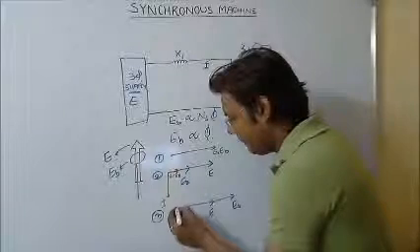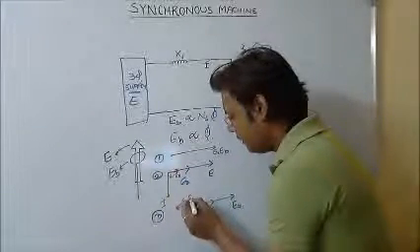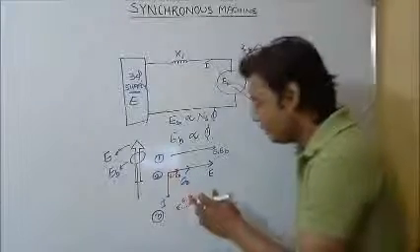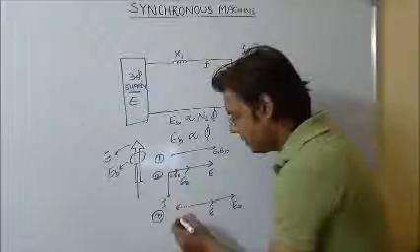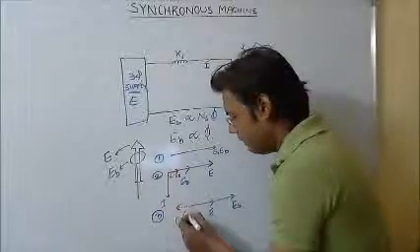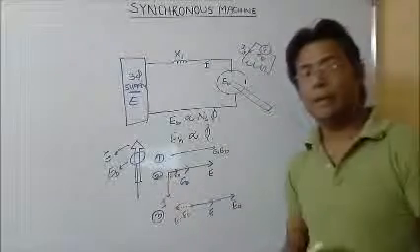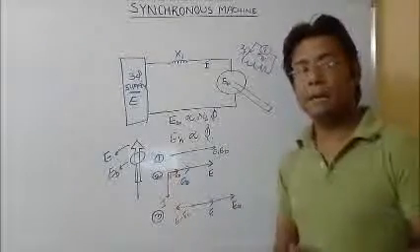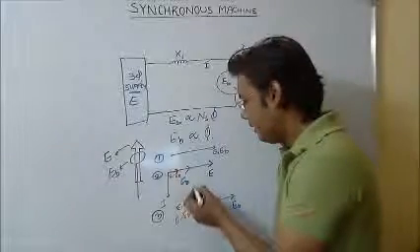I can write this relationship here, E minus EB. So the current would be lagging behind E minus EB by 90 degrees again. So this would be my current I.